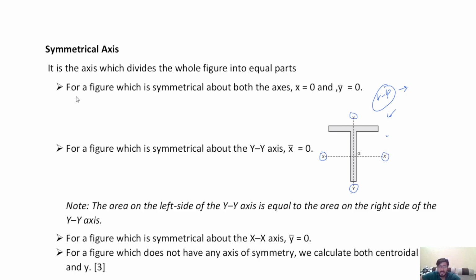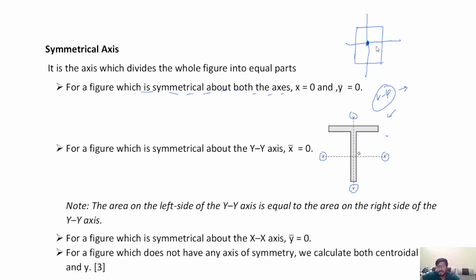So we can say for a figure which is symmetrical about both axes, if we consider this rectangle, this axis divides the whole figure into two equal parts and this axis also divides the whole figure into two equal parts, mirror images, then the centroid always lies at the intersection of these two axes.